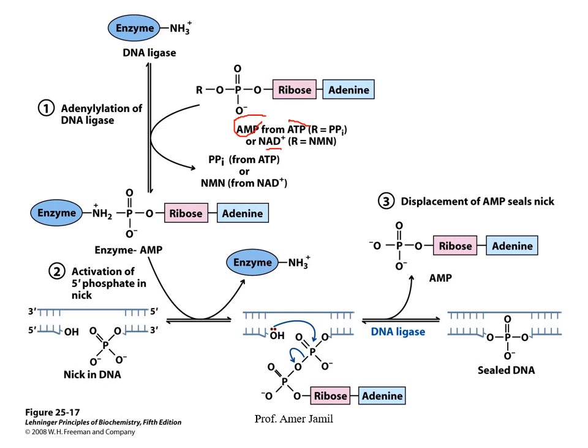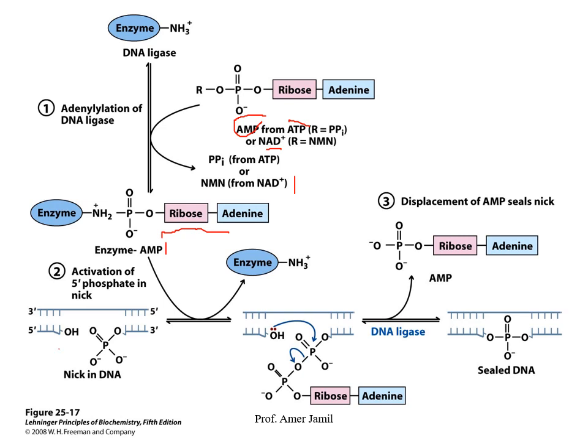If it is coming from ATP, pyrophosphate is released, and then AMP comes here. So this is AMP, and this is called an enzyme-AMP complex. And if it is coming from NAD plus, NMN is released. So in both cases, AMP is added at this place, and this is the activation.